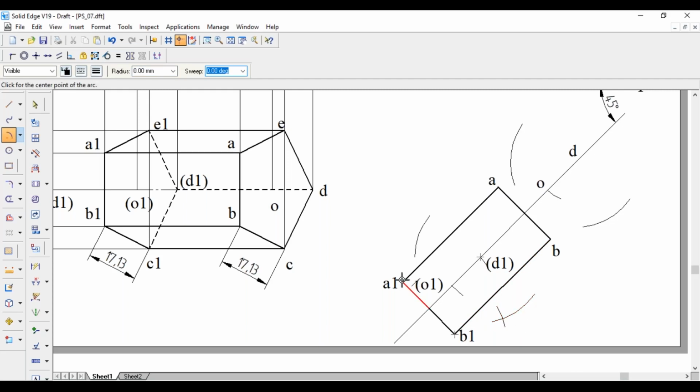A1 as center, same 17.13 mm as radius. Draw another arc here. Now with respect to B as center, 17.13 mm as radius. Draw an arc. A as center, 17.13 mm as radius. Draw another arc.